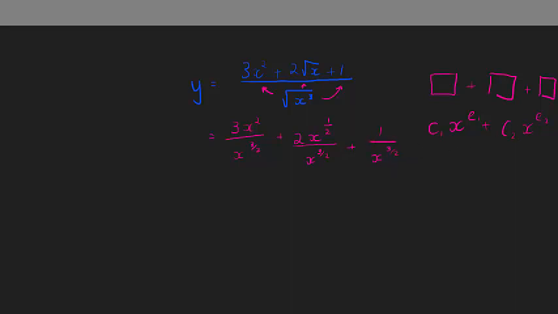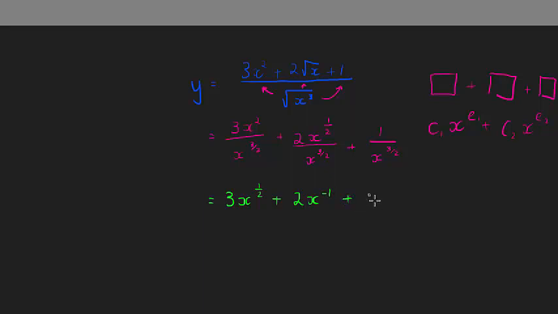Okay, and so now I just continue to subtract the exponents because I'm dividing common bases. Then I subtract exponents. 3 over 2 is 1.5. So this becomes 3x. 2 minus 1.5 is a half. Plus 2. A half minus 1.5 is minus 1.